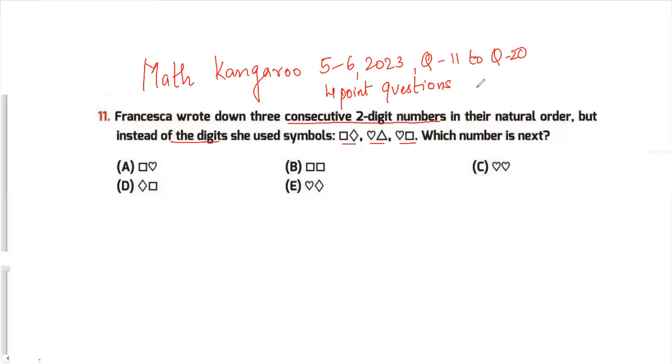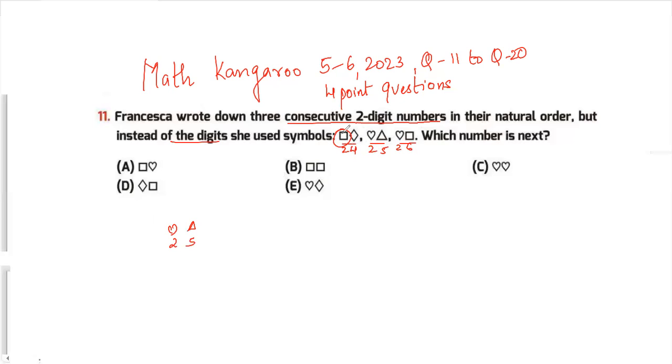Which number is next? Now, had it been the same digit, for example, if we take the heart as 2, suppose the heart is 2, and let's say triangle is a 5, then this should also be a heart, because then the series would have been 24, 25, and 26.